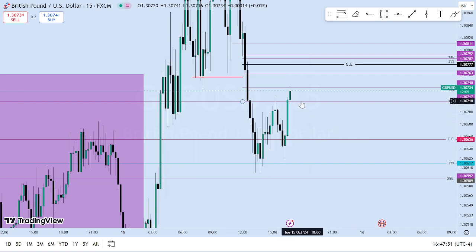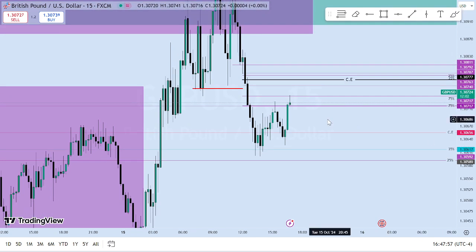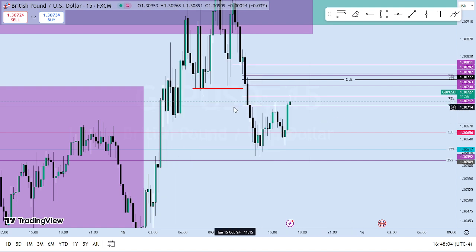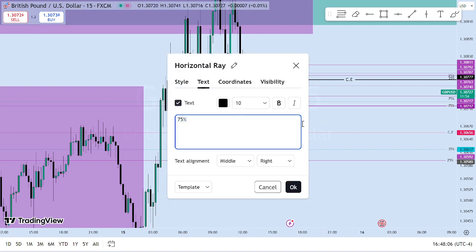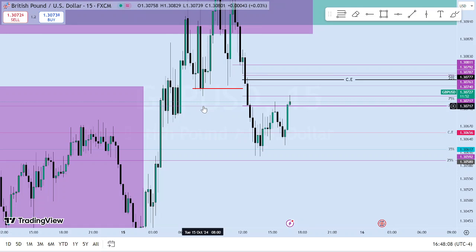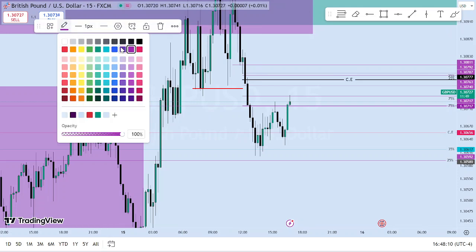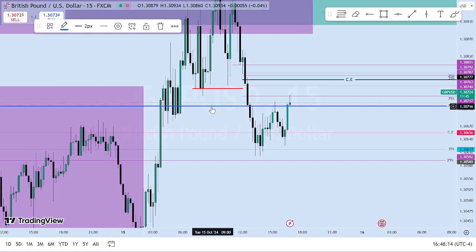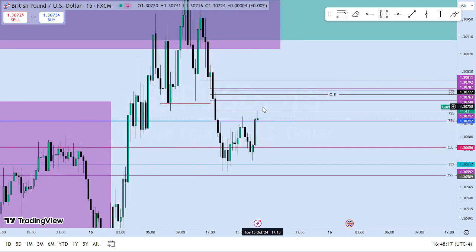Here is our daily 75% level, then our 1 hour 75% level. Okay, let me not confuse you. Change the column. Daily for daily 75% level, then for 1 hour 75% level. Let's see how we reach out from there.